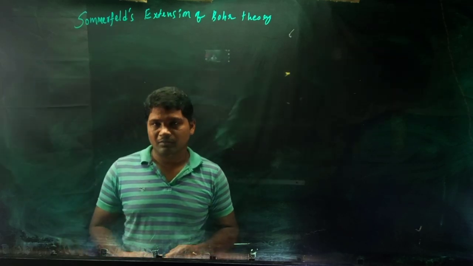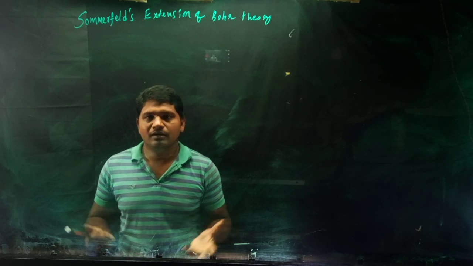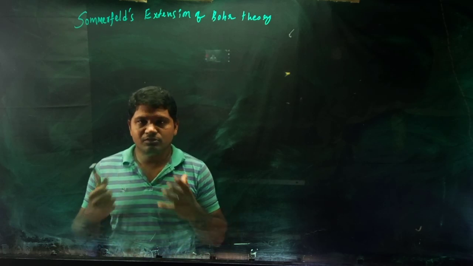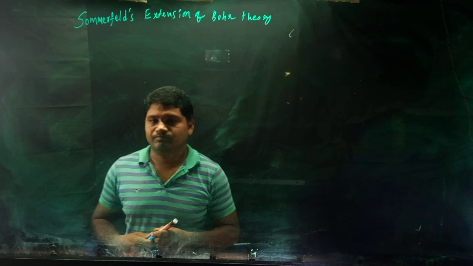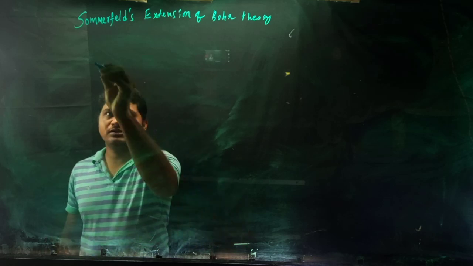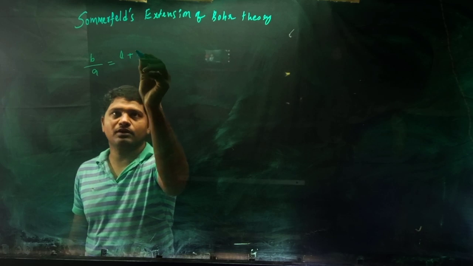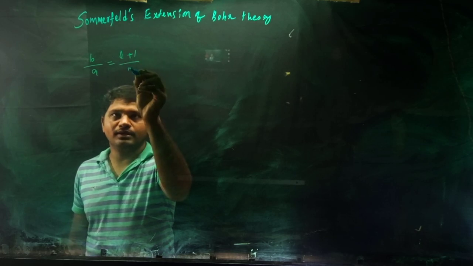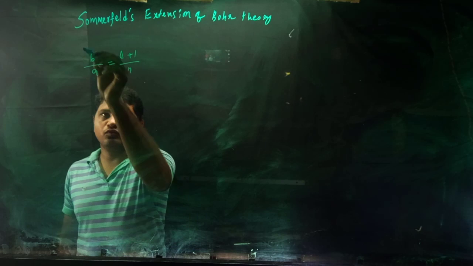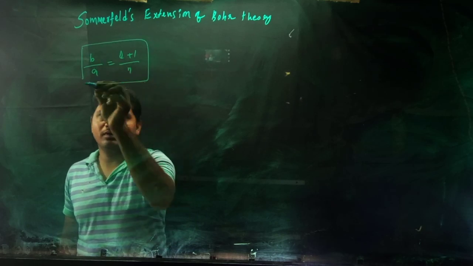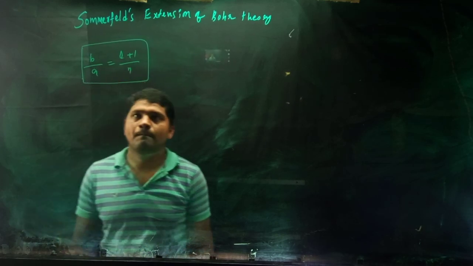The orbital angular momentum is useful for finding the number of possible elliptical orbits. The formula is b by a equals l plus 1 by n. This is the formula to find the number of elliptical orbits.